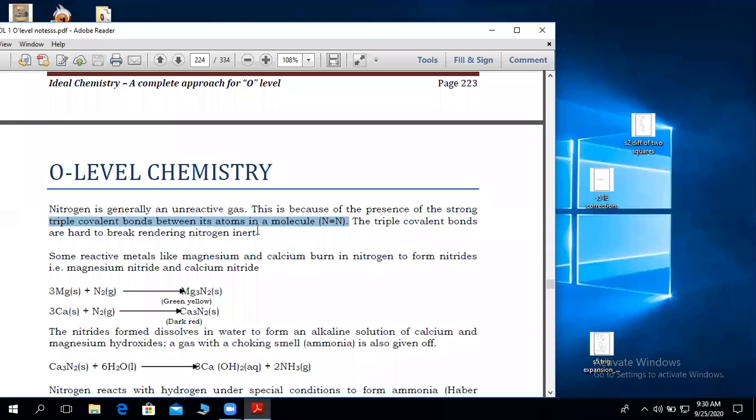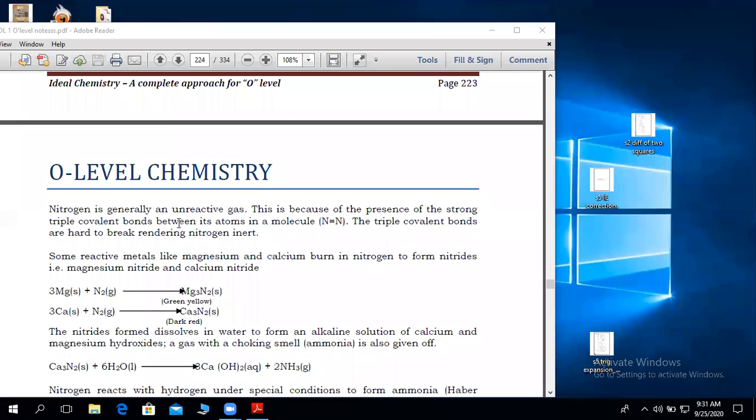So I repeat, why is nitrogen generally unreactive or inert? The answer is because nitrogen atoms are joined by a strong covalent triple bond, and that strong covalent triple bond holds the nitrogen atoms in the molecule together strongly, and the triple bond does not easily break.